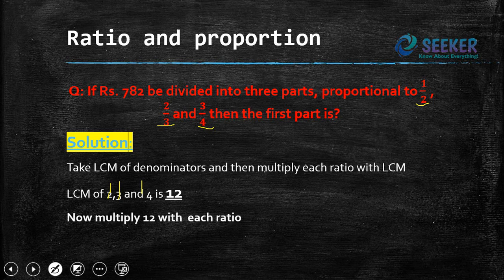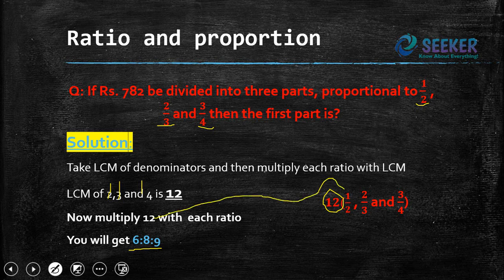Now multiply 12 with each ratio. We will get 6, 8 and 9. If you haven't got this, please look here. Here we get the LCM 12. We have multiplied this LCM over here, which comes out to be this figure.